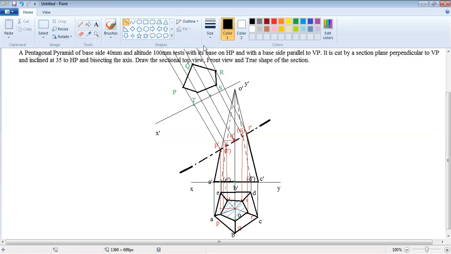The true shape of the section. We also make hatching lines for this section, with equal distance and 45-degree inclined lines for the hatching.